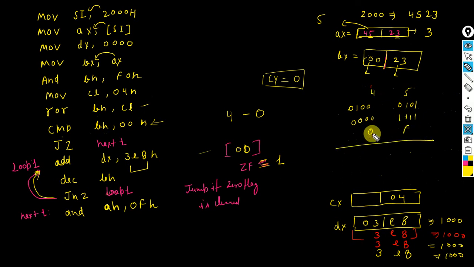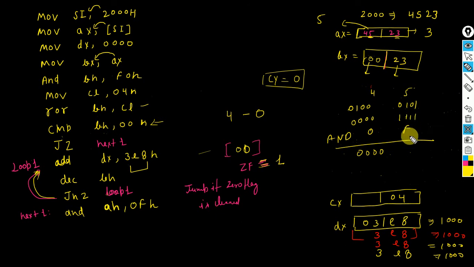So we take an AND operation. Here 0 and 0 is 0, 0 and 1 is 0, 0 and 0 is 0, 0 and 0 is 0. In an AND operation we check whether both bits are high, then the output is high.